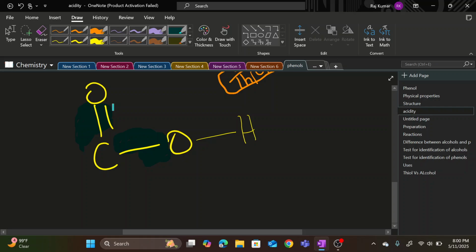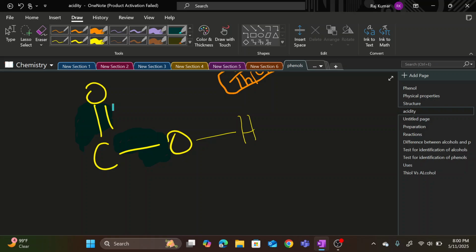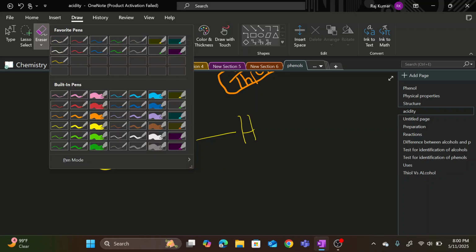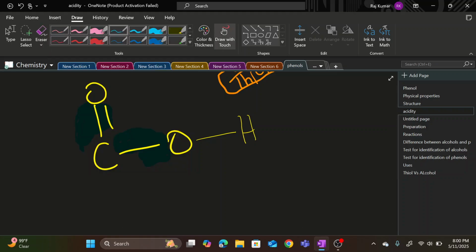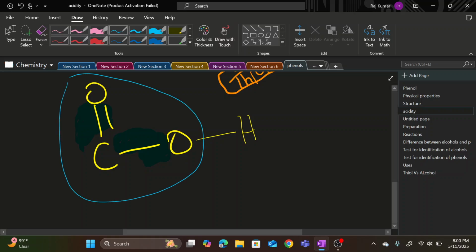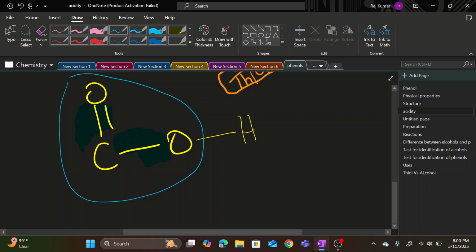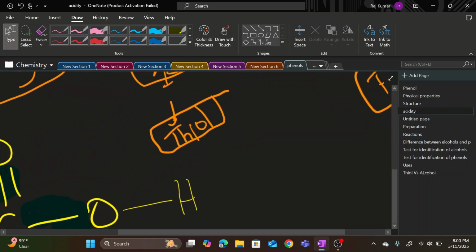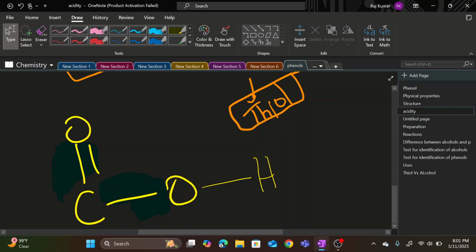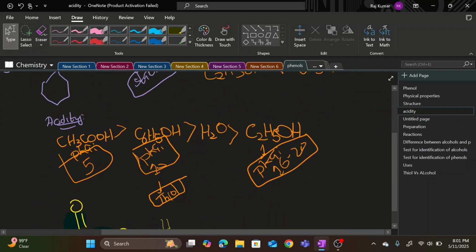Because of the high electronegativity of the oxygen atoms, the bond strength increases, due to which this entire structure becomes pretty stable, and it is much easier to break this bond and give away the hydrogen. This is the reason: even though it does not have delocalization, it has two oxygen atoms, due to which it can easily give away its proton.